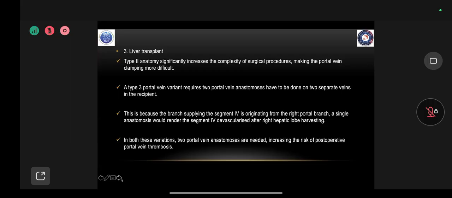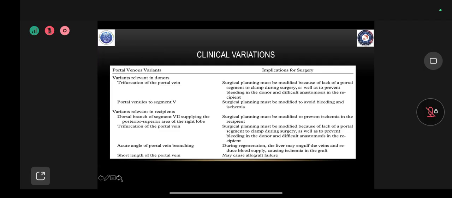If you have a type 3 portal vein, you will require 2 portal vein anastomoses. This increases the time and the chance of postoperative portal vein thrombus. This is again a simple explanation of how we need to modify our technique and prevent ischemia in the postoperative period, especially for transplant patients.